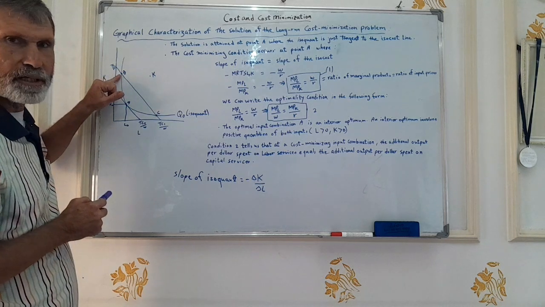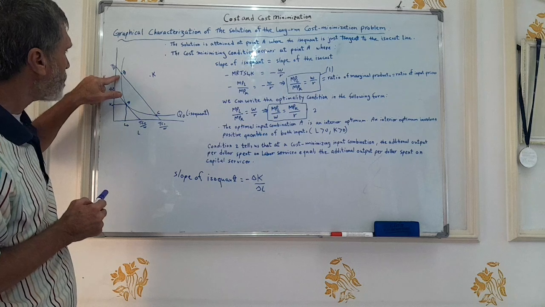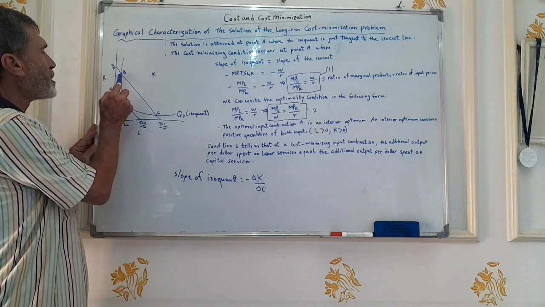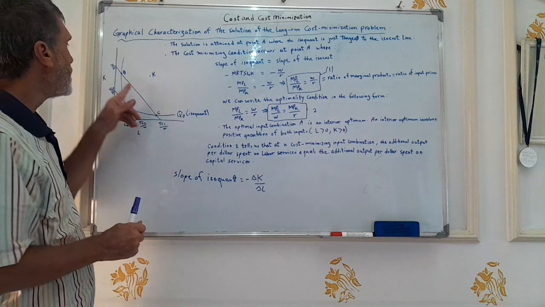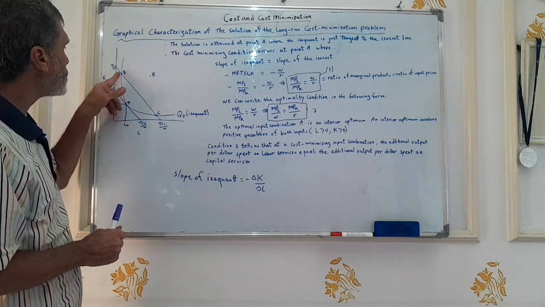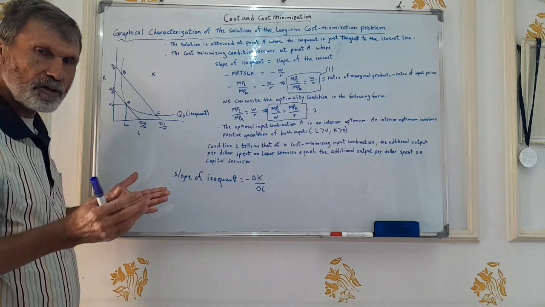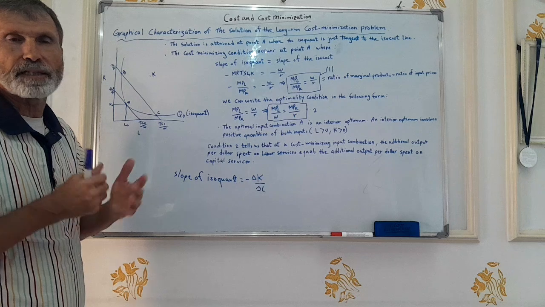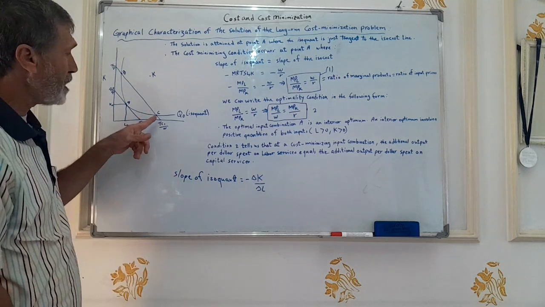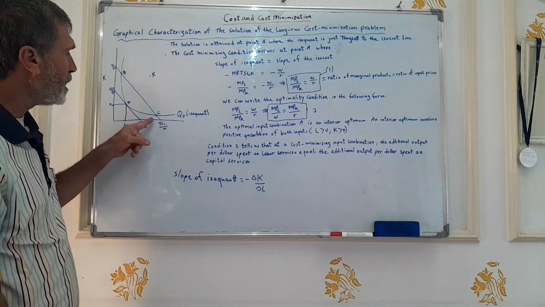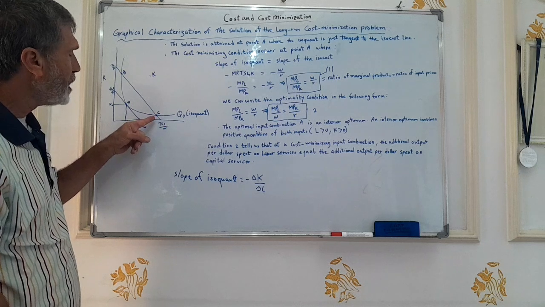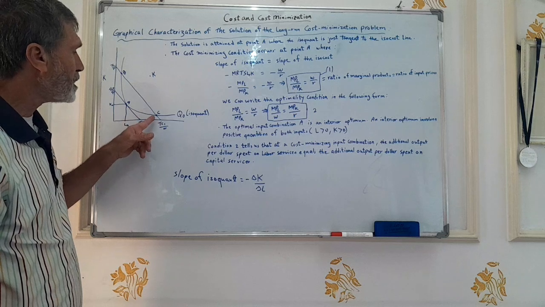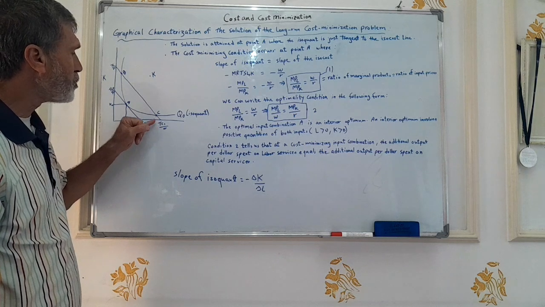So they are not equal, and then it does not give us the optimality condition. The same thing can be said about point C. One slope is higher than the other in absolute value, and that's why we cannot have the optimality condition at point C.